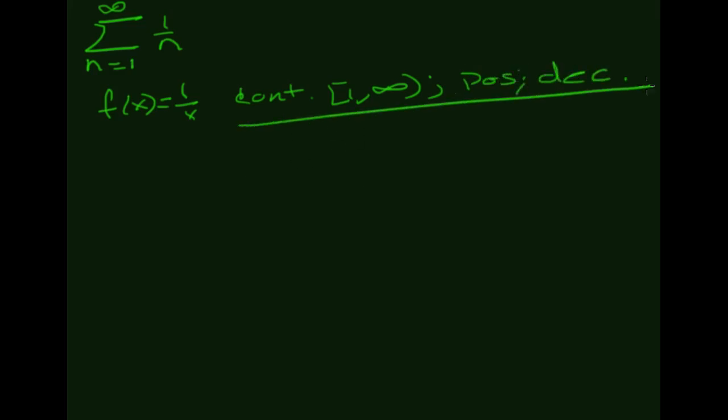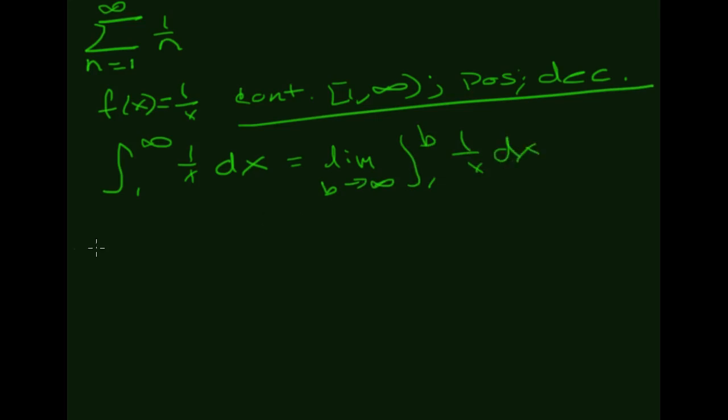So we have met the conditions of the integral test. So let's take the integral from 1 to infinity of 1 over x dx, which is the limit as b approaches infinity of the integral from 1 to b of 1 over x dx. This is the natural log of the absolute value of x. Well, there's a limit in here still, right?